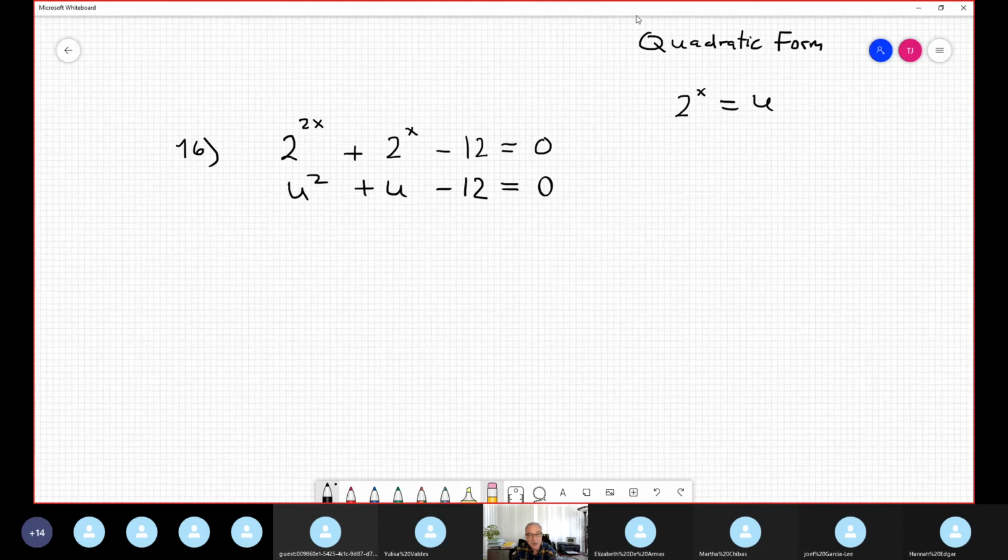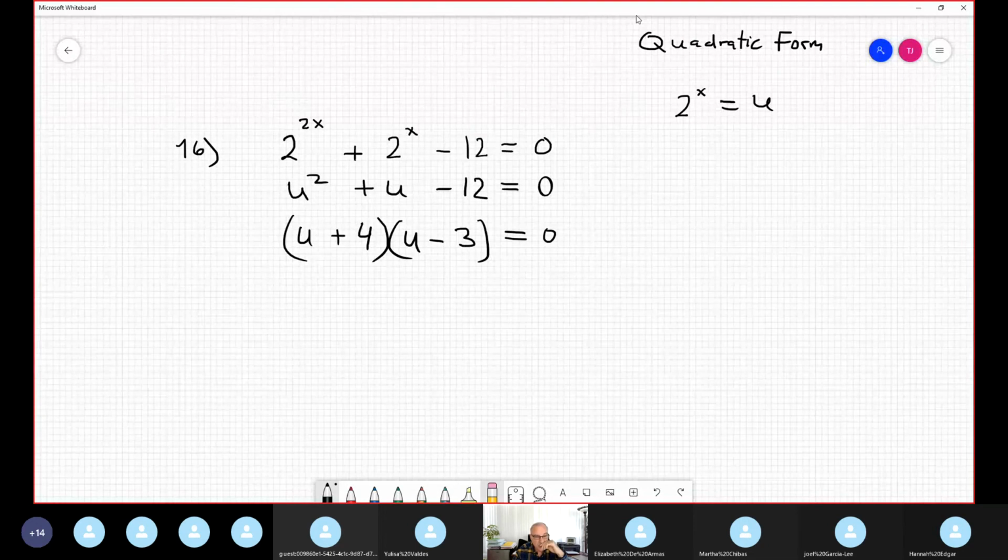And now this equation is not exponential anymore. It's just a quadratic equation, elementary. And we can solve it by factorization, I suppose, because 4 and 3 match perfectly. 4 times 3 is 12, 4 minus 3 is 1. The signs are different, 4 is positive and 3 is negative. Then we have two solutions.